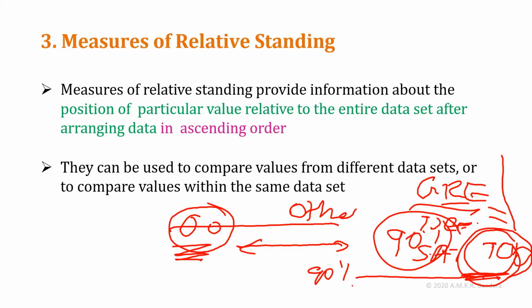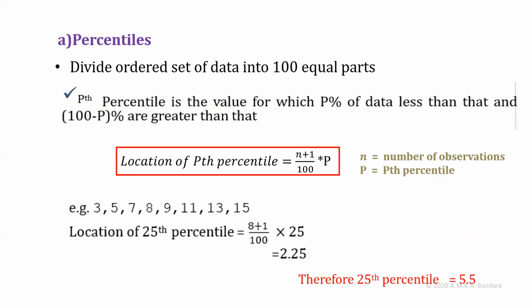When calculating these relative standing measures, you have to arrange or order the data set in ascending order. The first measure of relative standing is percentile. Percentile divides the ordered data set into 100 equal parts.